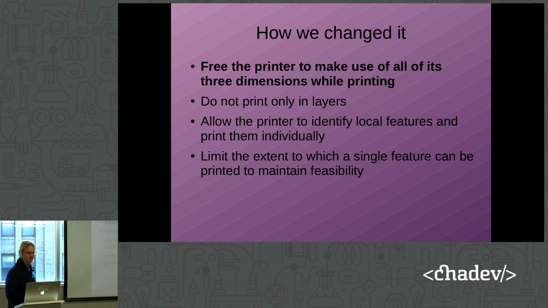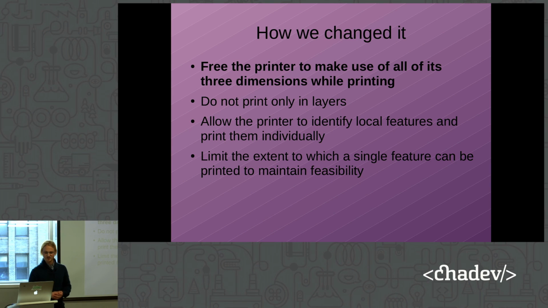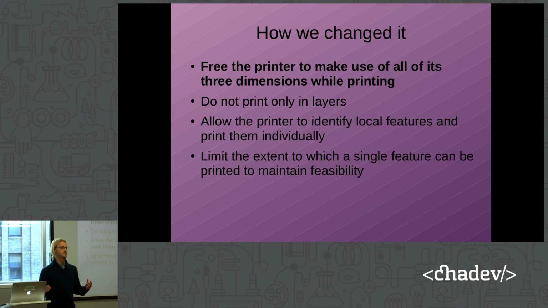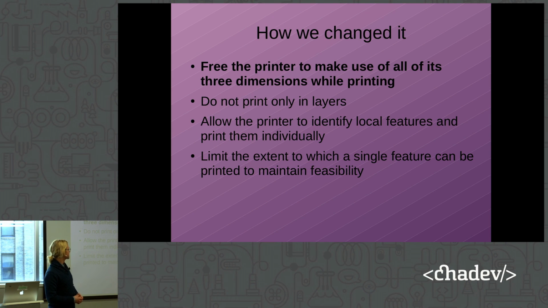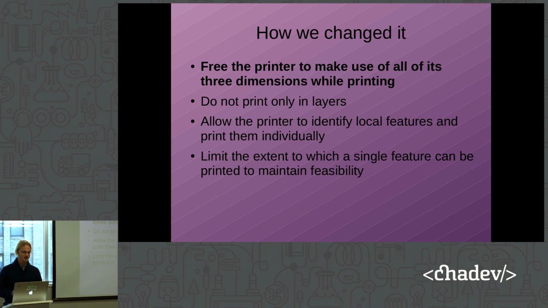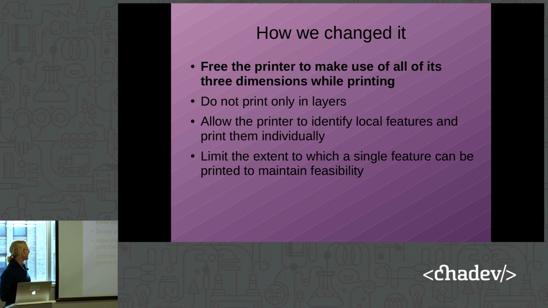So what we did was we allowed the printer to move in all three of its axes while it's actually printing something out. And we also defined a structure that allows us to guarantee what we need to about this toolpath, while producing more efficient toolpaths in the end. Basically, this means that we don't only print in layers, and we allow the printer to identify these local features.